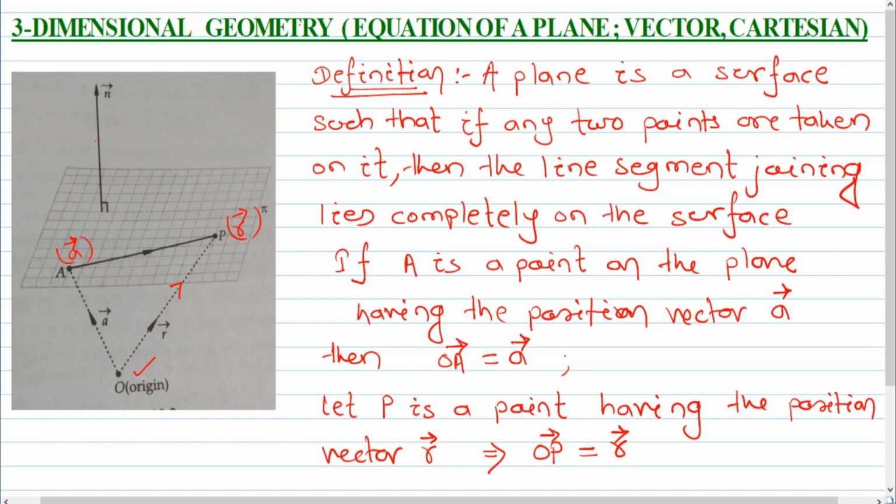Then you see this one is the normal. Normal means a vector which is perpendicular to the plane. That means if you take any line, or another line, this vector is perpendicular to each of the line segments that lie on the plane. So now we'll take an animation, so that you have a clear idea from the animation.